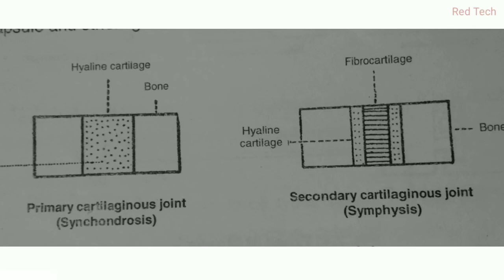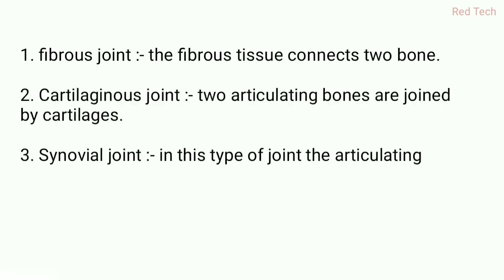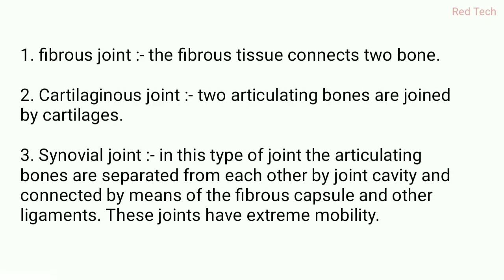That is the difference between them. Now we revise the whole scenario. The first one is the fibrous joint, where fibrous tissue connects the bones, that's why we call it a fibrous joint. The second one, the cartilaginous joint, where two articulating bone surfaces are joined by cartilage.